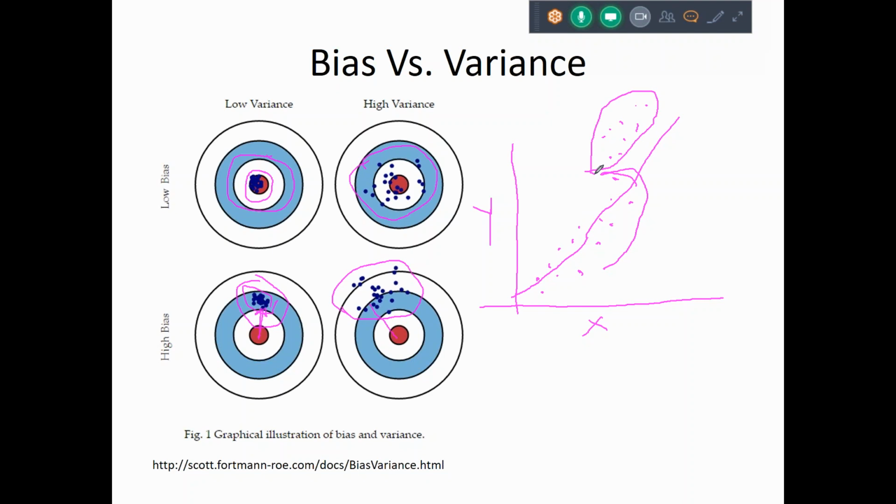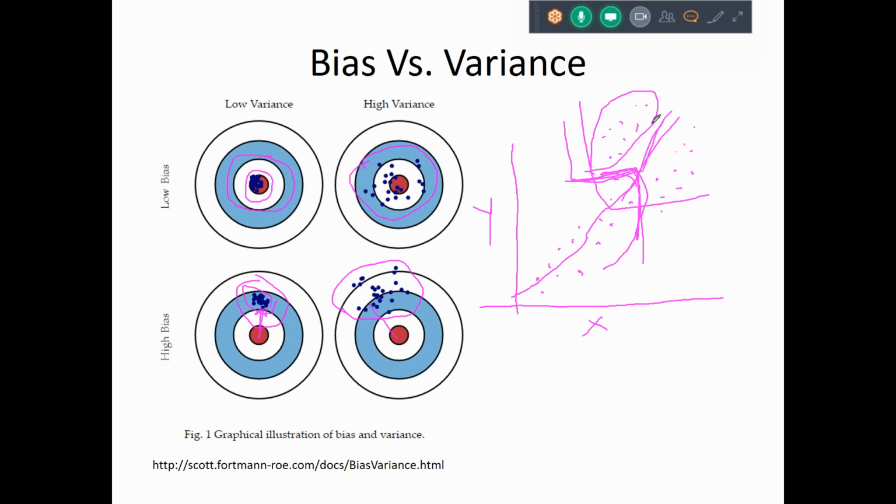And when this is the scenario, you have to use two linear equations: the first linear equation for this part of the data, and the second linear equation for this part of the data. If these dots had not been like this, but you had some dots here also, then probably one linear equation would have done, because the model would have fit in the center only.